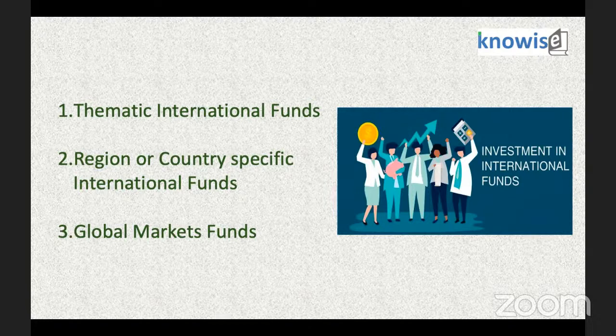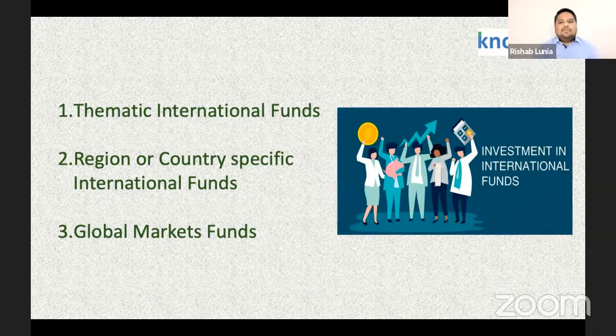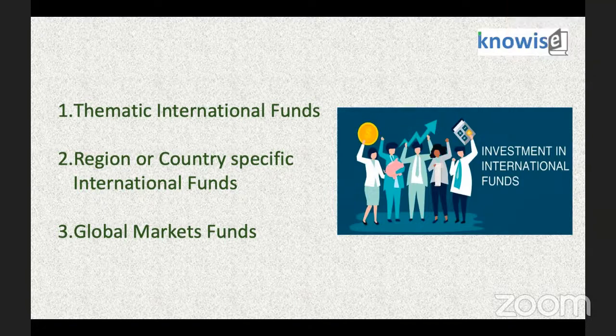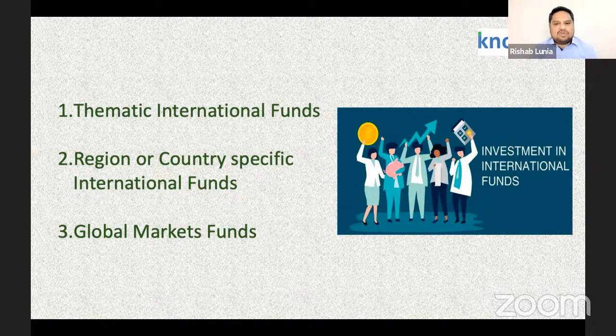There is no restriction on the fund manager to be specific to any country or any theme. This is very similar to the diversified funds in our country, but those funds are restricted to our own country, whereas these global market funds take you global, and the fund manager has more leg room to take a better decision to put your money.